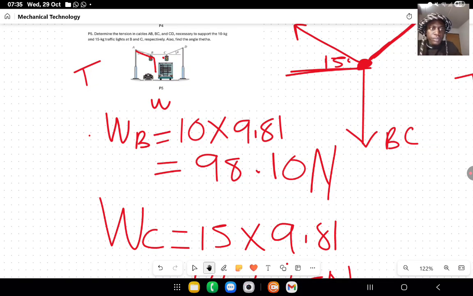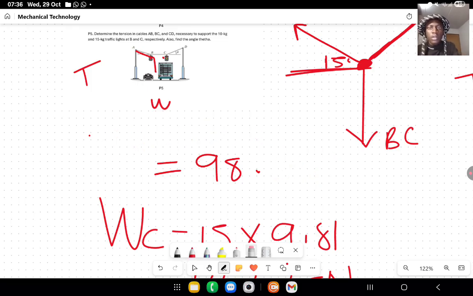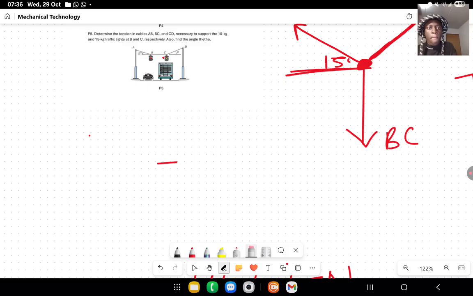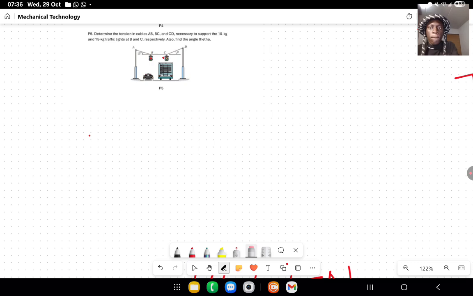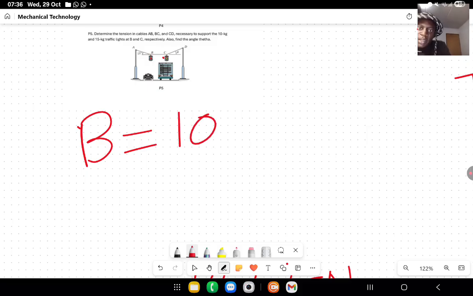Okay, since they have given us mass, they say mass at B is equals to 10 kg.